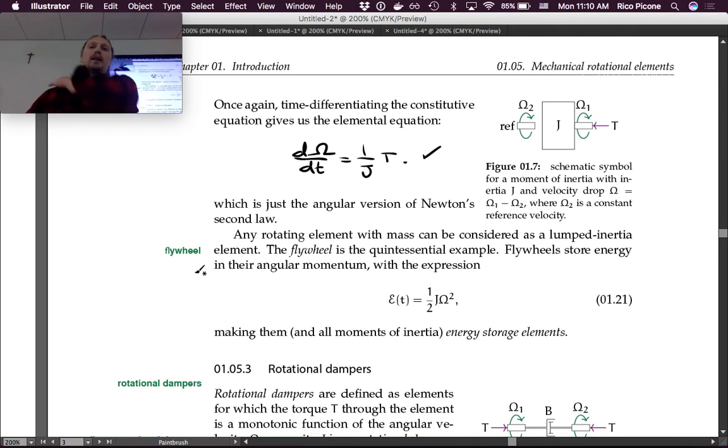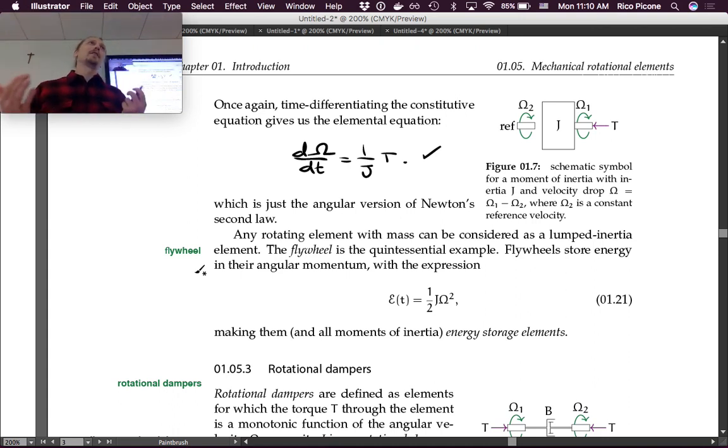Any rotating element with mass can be considered as a lumped inertia element. The flywheel is a quintessential example. A flywheel is an element that can store mechanical rotational energy, right? So you can spin up a flywheel and it can actually store quite a bit of energy. It's not a great way to store energy because it's leaky, right?